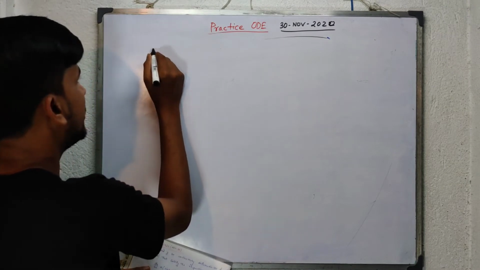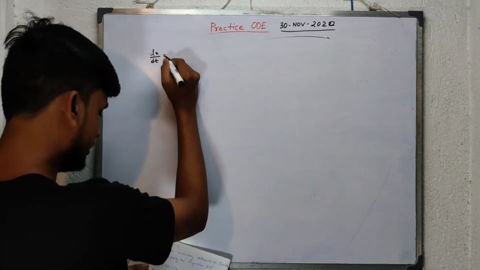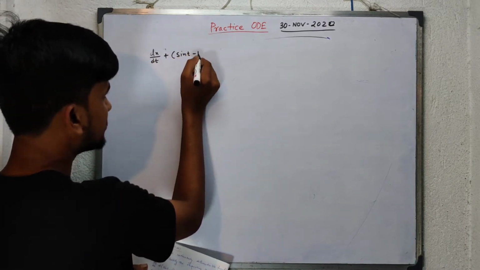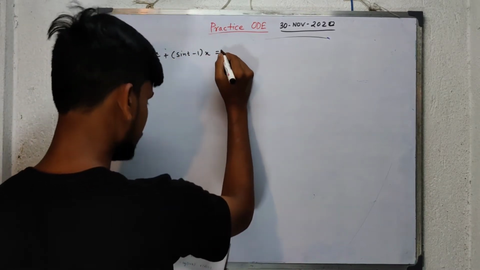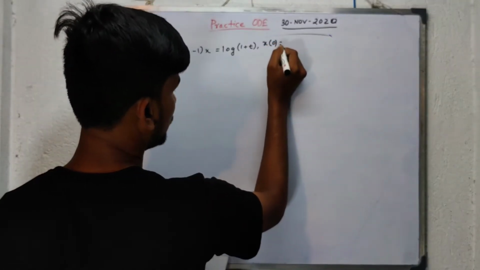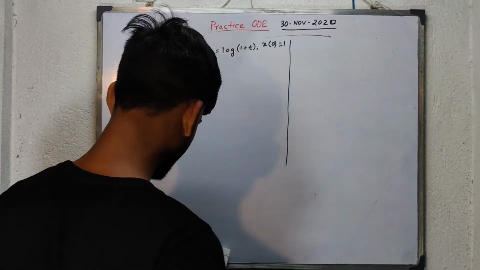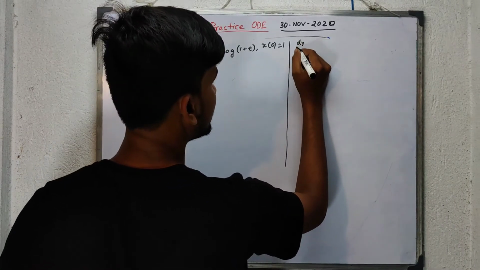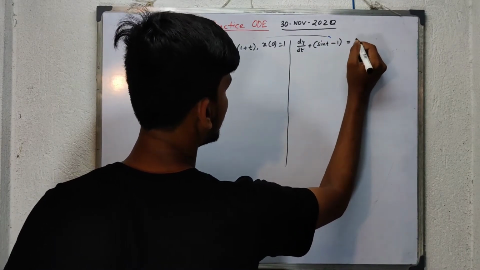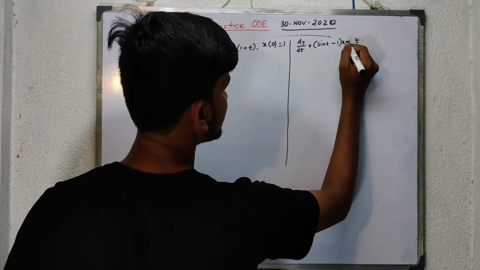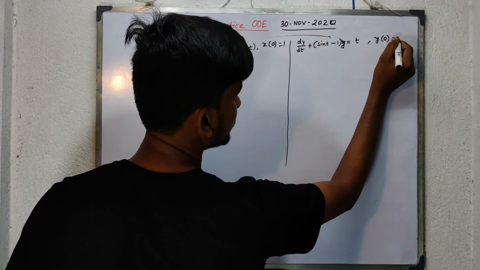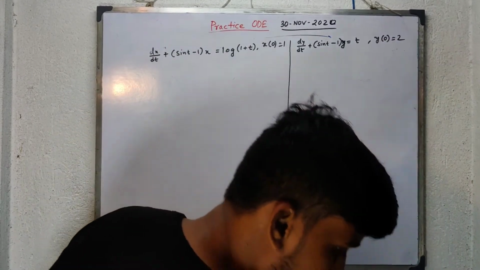The IVPs are dx/dt plus (sin t minus 1) into x equal to log of 1 plus t with x0 equal to 1, and the second one is dy/dt plus (sin t minus 1) into y equal to t, where y0 is equal to 2. So these two are the equations.